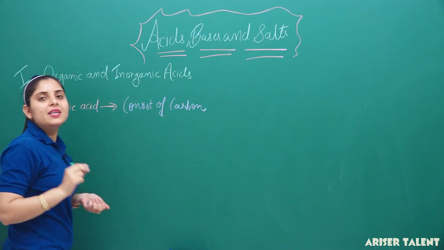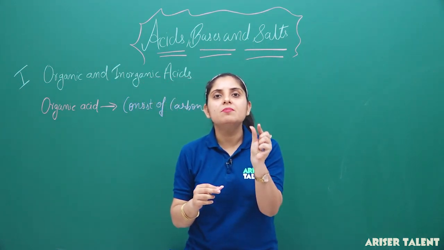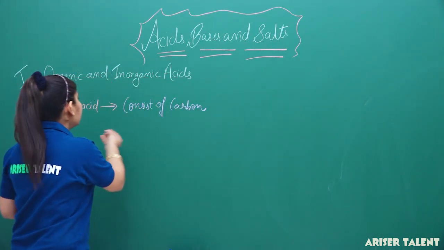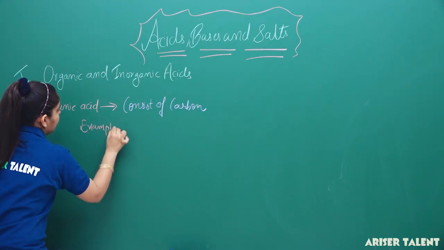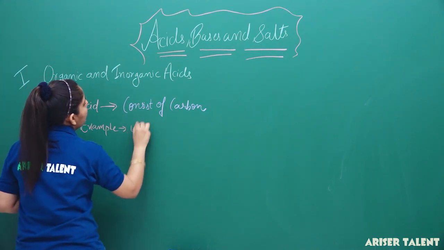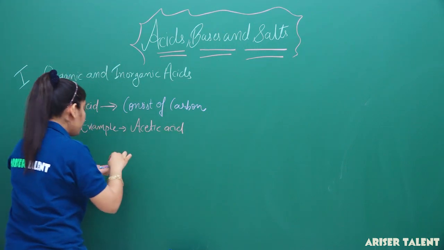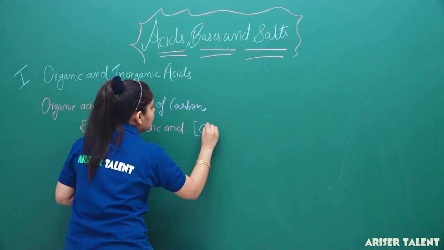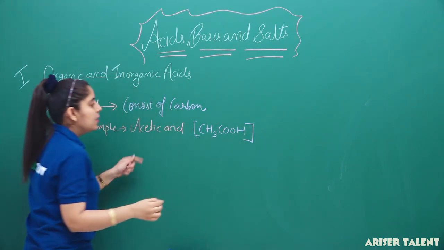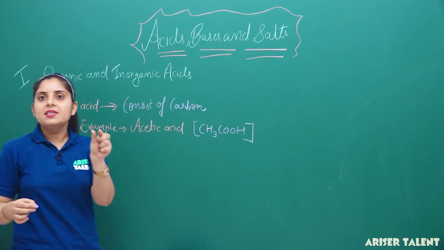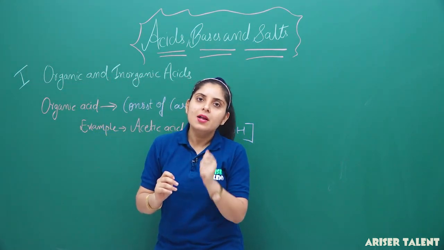It means carbon is essential to be present in the organic acid because it has been derived from some sort of organism. Let us consider an example here. Suppose we have taken an example of acetic acid. The basic formula for acetic acid is CH3COOH. So you can see here carbon is present in this acid. So we can say that organic acid mainly consists of carbon.